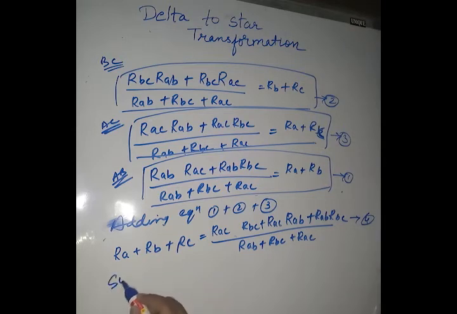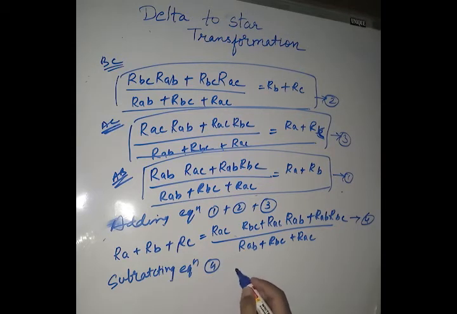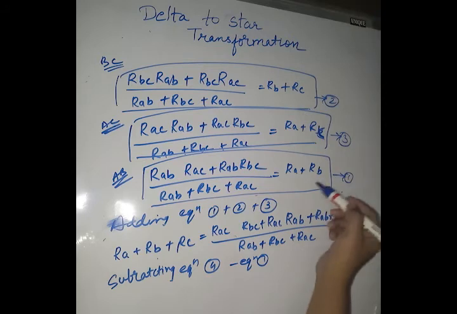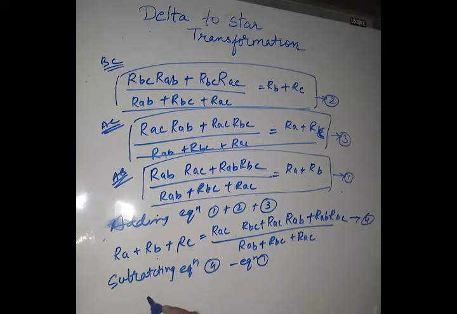So upon subtracting equation 4 minus equation 1, what we will get is, upon subtracting equation number 1 from equation number 4, we will get RC is equal to RAC into RBC divided by RAB plus RBC plus RAC.